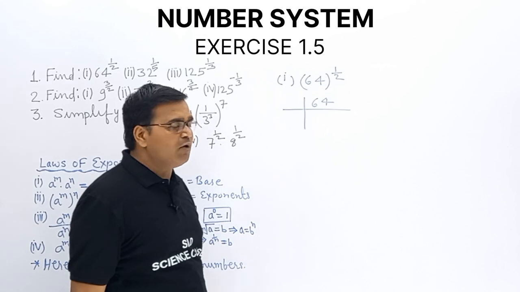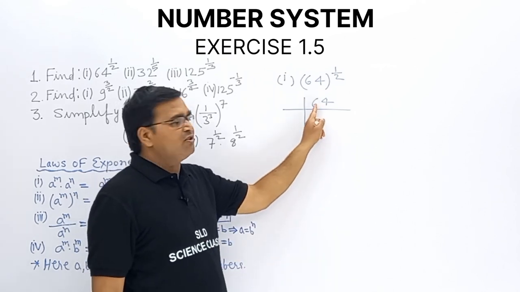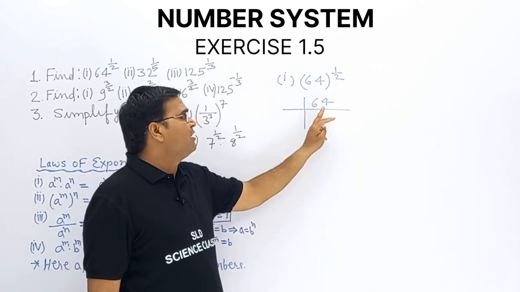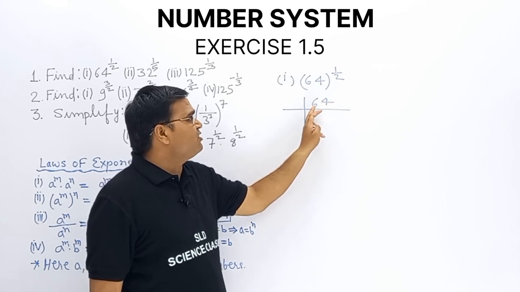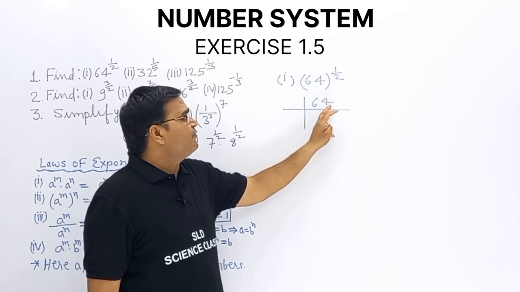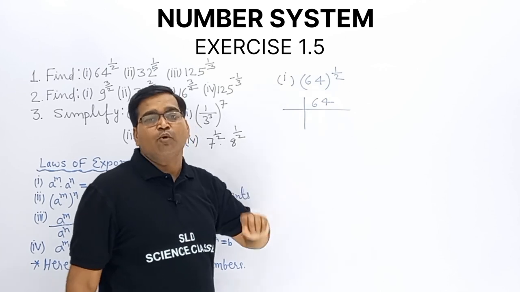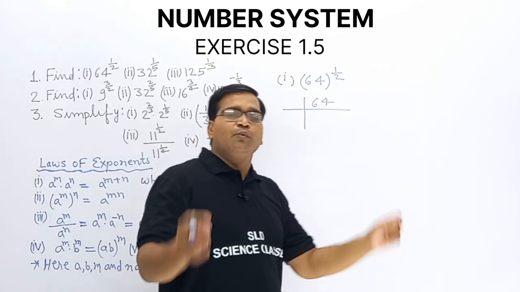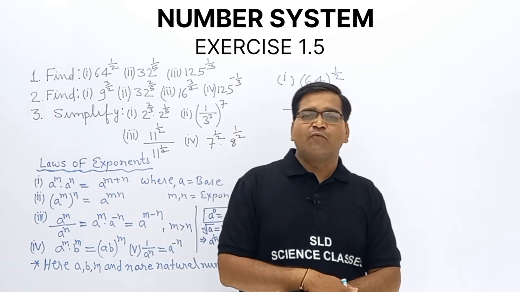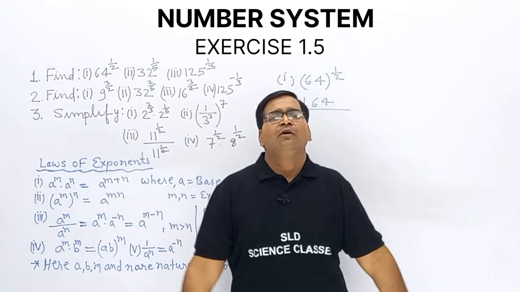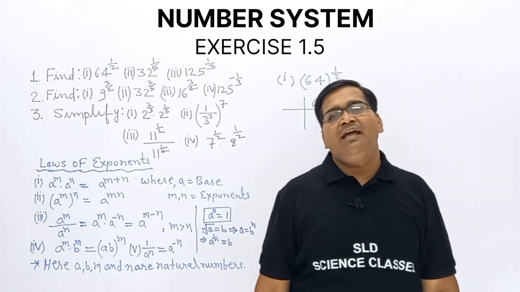Now how will we do the prime factorization? 64 is the given number. First observe the unit place. This 4 is the unit place and 6 is the tens place. For doing prime factorization we will use prime numbers. And prime numbers are what? Prime numbers are having only two factors, 1 and itself.